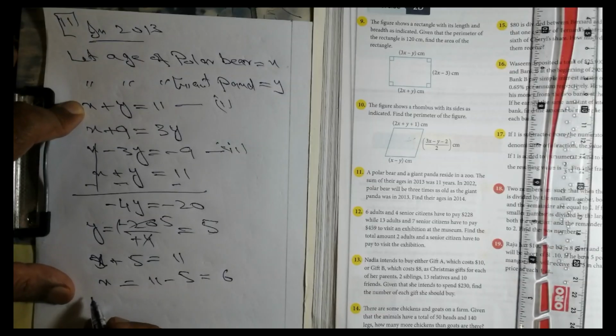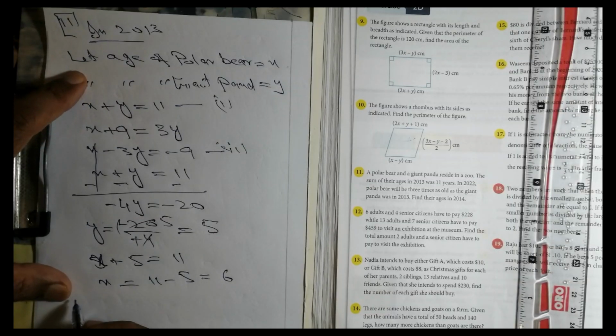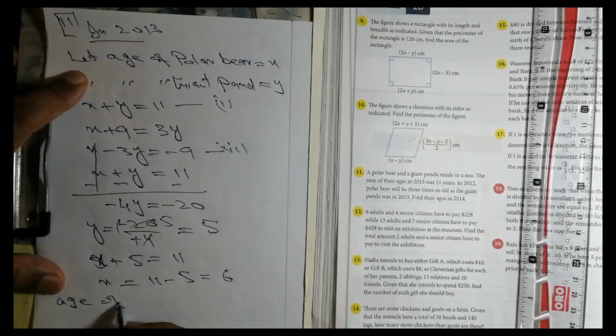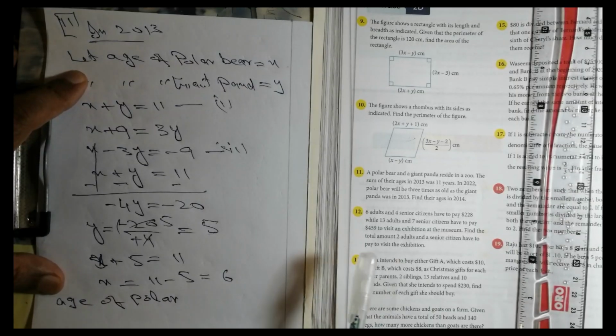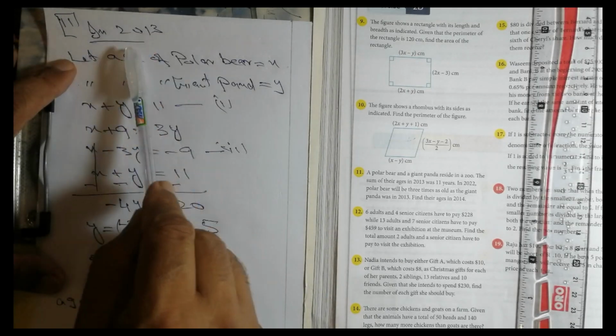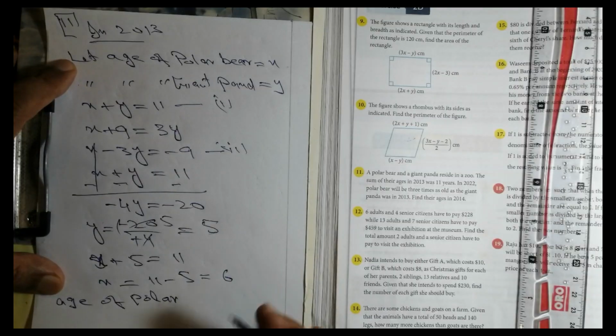So x is the polar bear's age. Actually this is the age of the polar bear in 2013. It is asked in the question to tell the age in 2014.